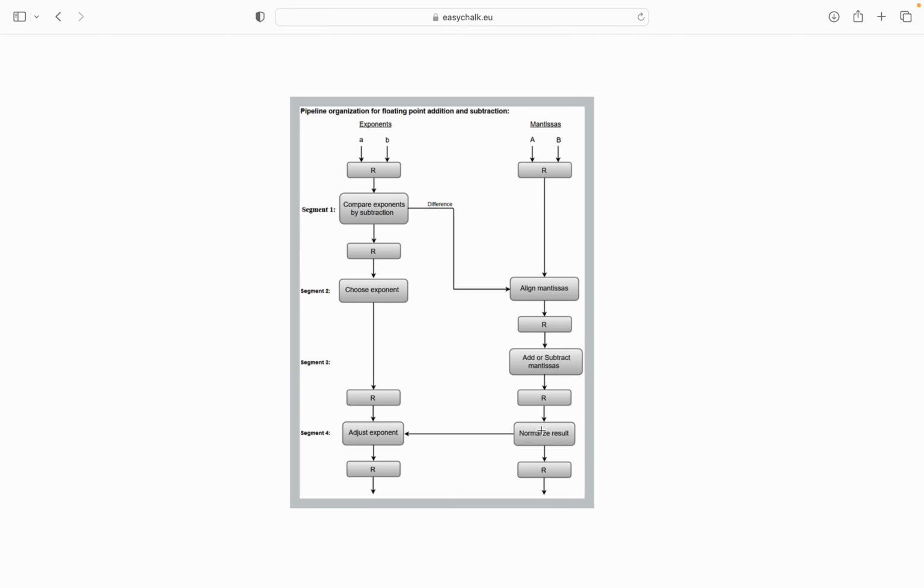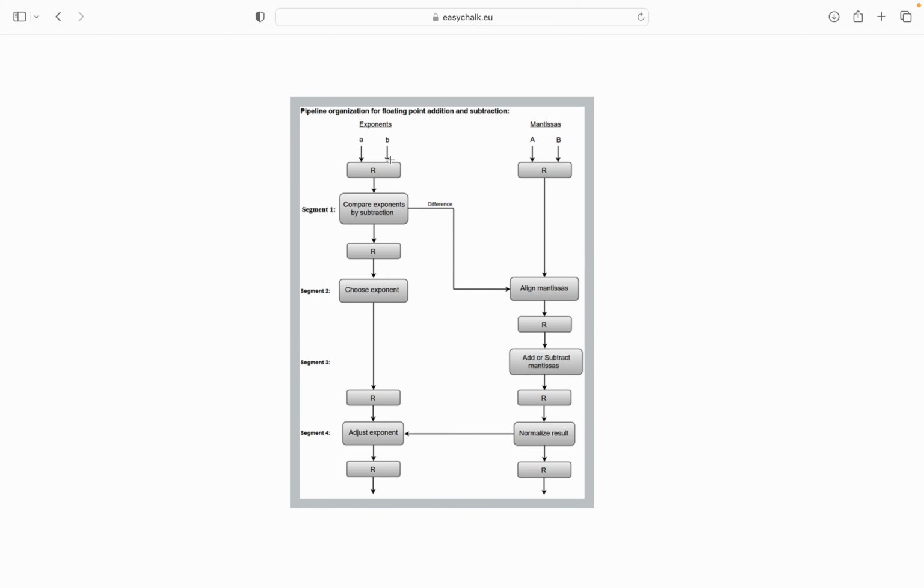How do we normalize the result? By finding the number with the smaller exponent, and we're going to normalize the result, right? So for that, we're going to take the result, and using the number of leading zeros, we're going to adjust the exponent, and now we are going to store the end result in this register.